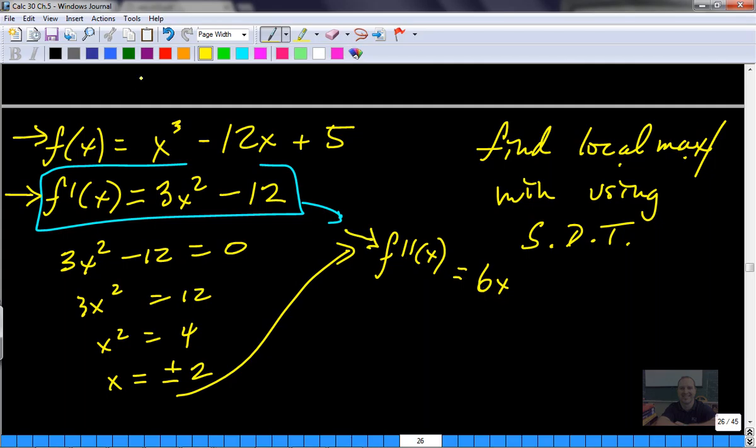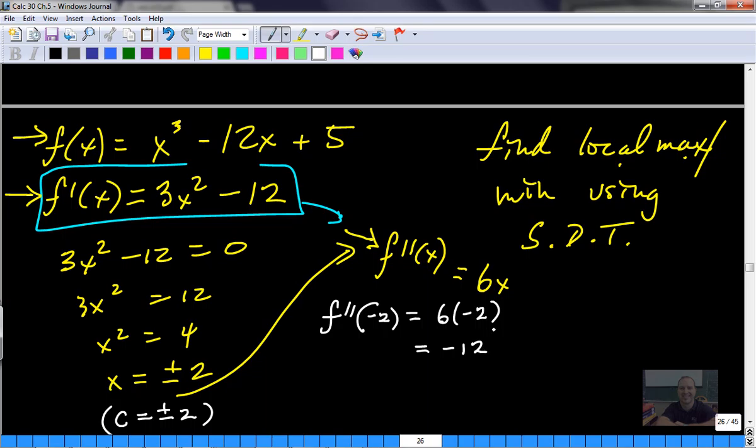Okay? So we got to think back. The critical numbers here are plus or minus 2. You can think of those as critical numbers. And so we want to find out if these represent local max or min. So what we do is f double prime evaluated at, let's pick one, minus 2, and that's going to be 6 times negative 2, which gives us a negative 12. So what we focus on here is whether it's positive or negative.